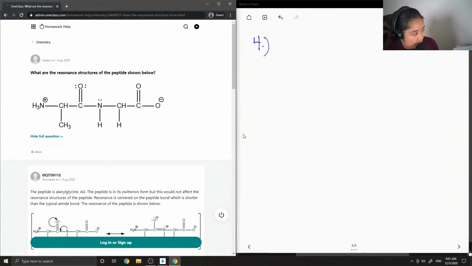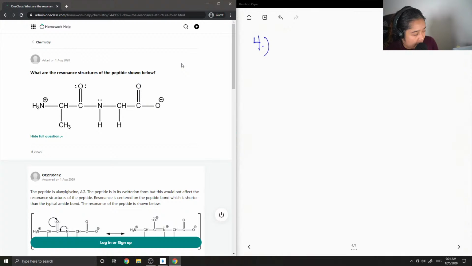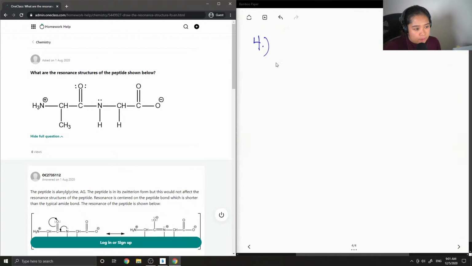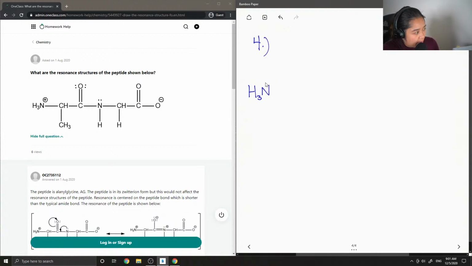Okay, so question 4 asks, what are the resonance structures of the peptides shown below? Okay, so let's draw out our peptide. So this is one amino acid with an R group that is just CH3. So I believe that's alanine.